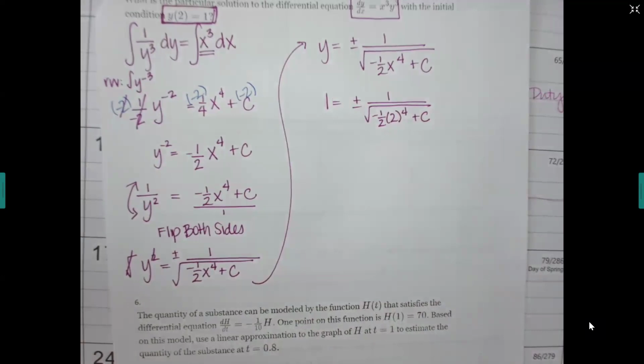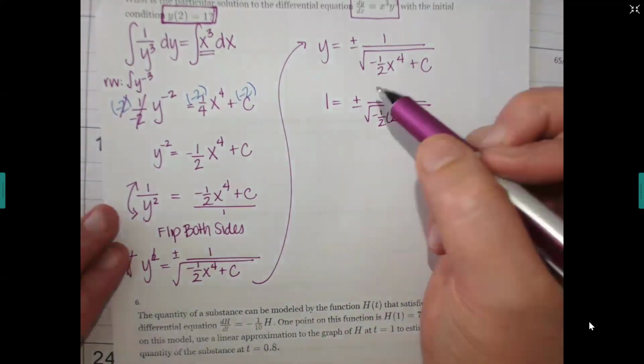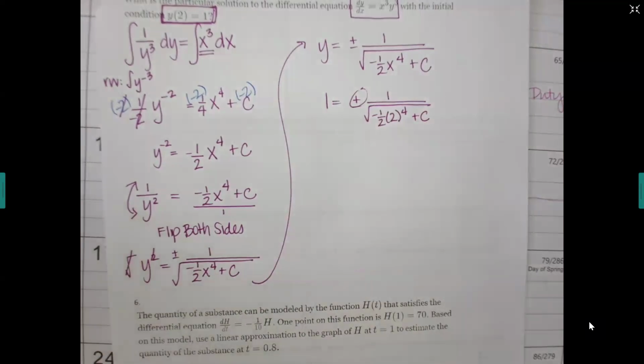Okay, let's do this little plus minus situation in the front. Remember, I want to pick the answer that matches the y value they gave me. So if they gave me a positive 1 for y, I'm picking the positive. Okay, then down here, I need 2 to the 4th.